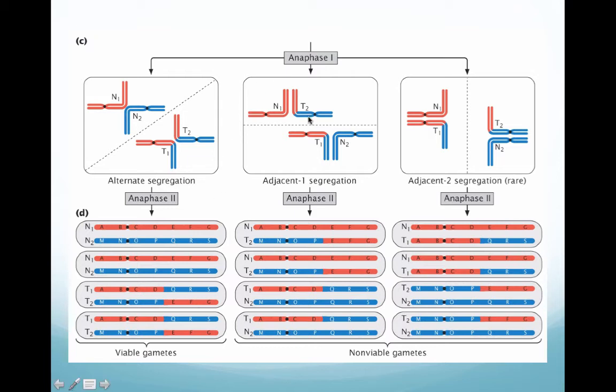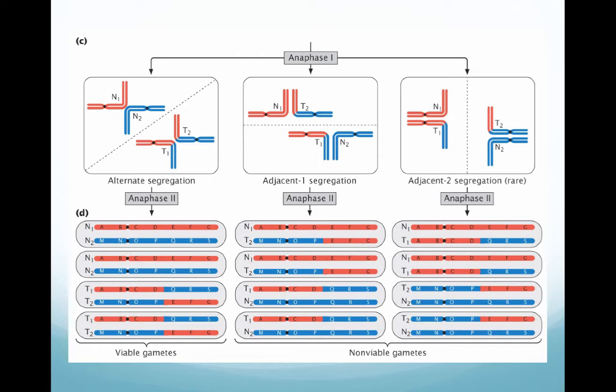In the second scenario, where we see N1 and T2 segregating and then T1 and N2 segregating respectively, we get a whole lot of junk. These gametes are not going to be viable at all because they paired up the wrong way. We've got a normal N1 and then a T2 that is not normal at all, and they are trying to pair up with one another.